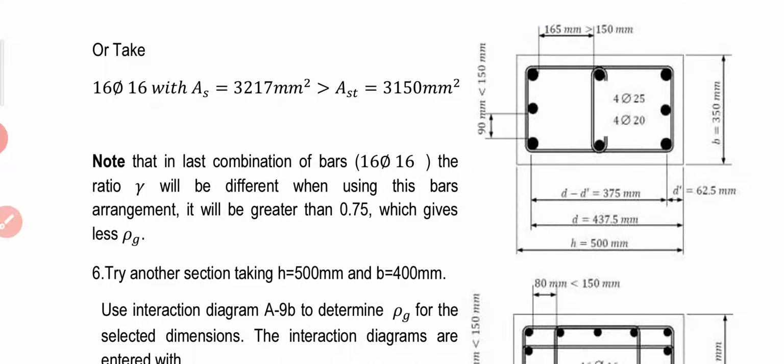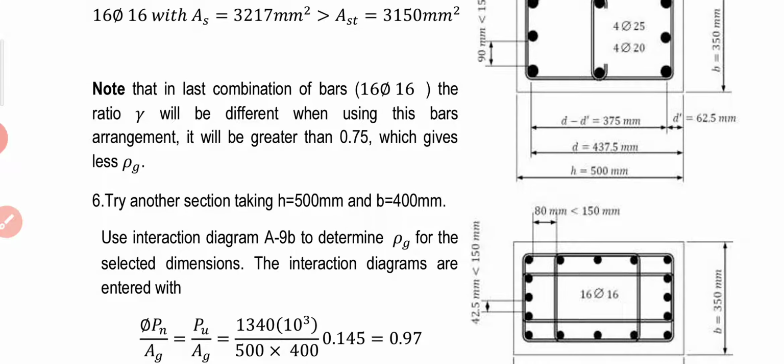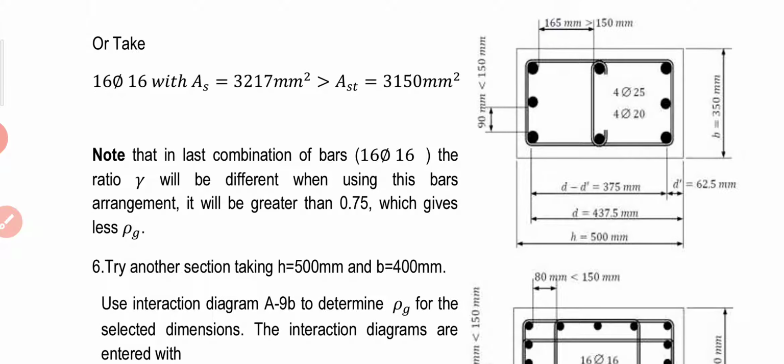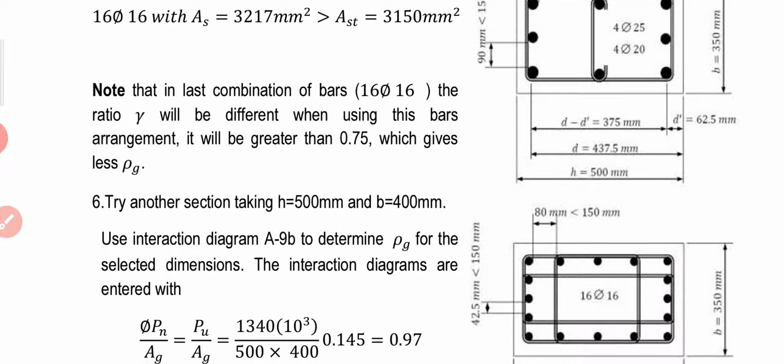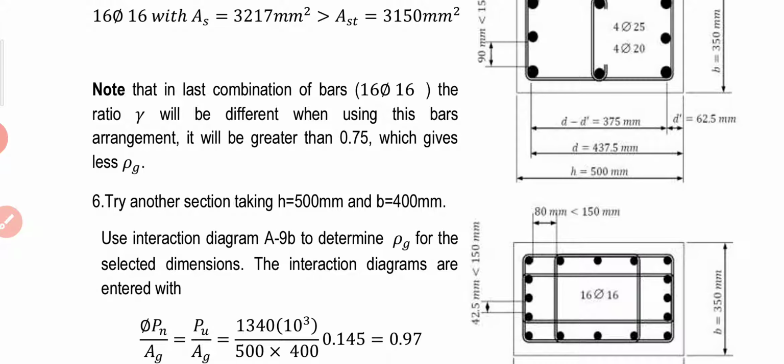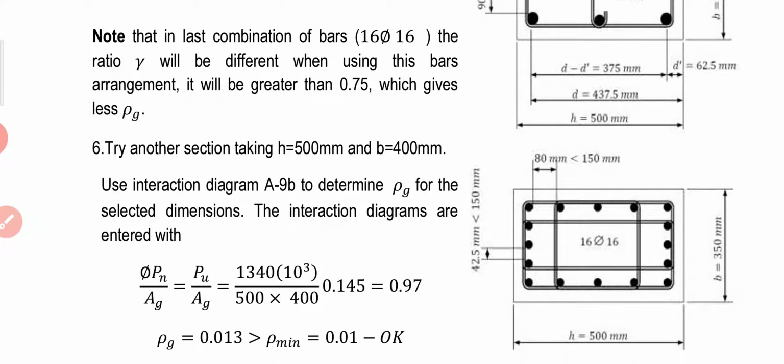So trying another section, take H equal to 500 mm and B equal to 400 mm. We can follow previous steps. So use interaction diagram and determine Pg for the selected dimension. The interaction diagram is entered with phi Pn upon Ag, which is Pu upon Ag.